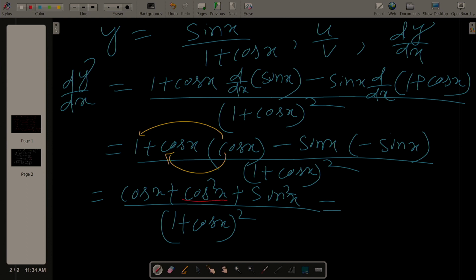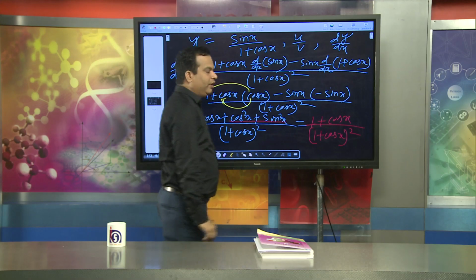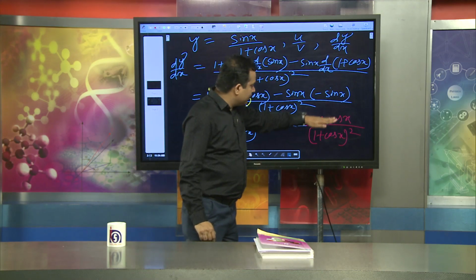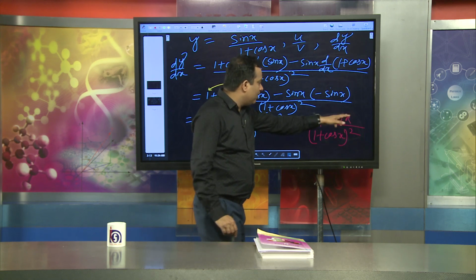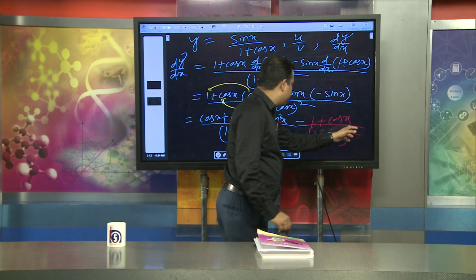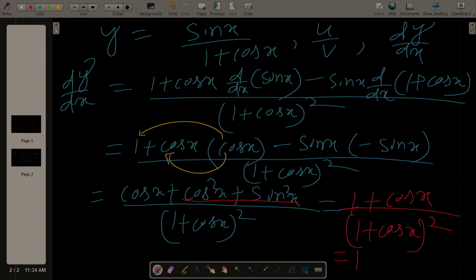You already know that cos square x plus sin square x is 1. So I can write 1 plus cos x by 1 plus cos x whole square. One factor of 1 plus cos x will cancel, and the result we get is 1 by 1 plus cos x.